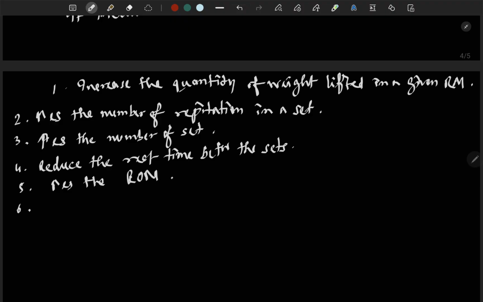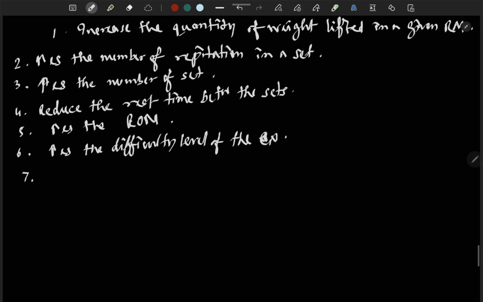Number 6, increase the difficulty level of the exercise, increase the frequency of training.